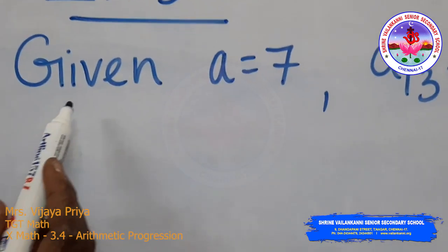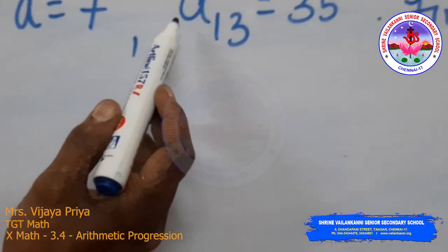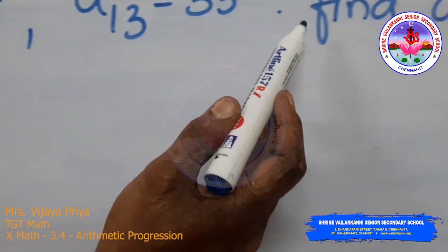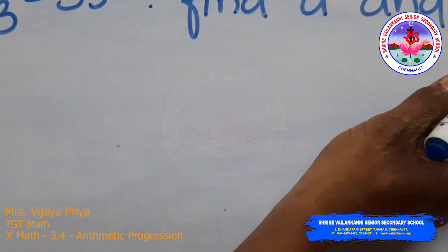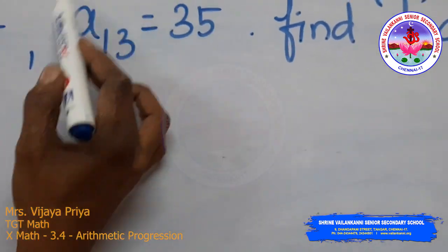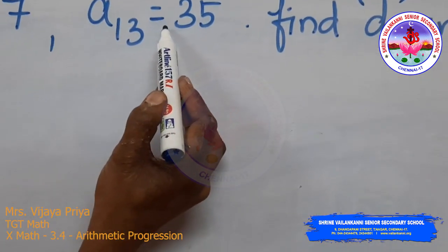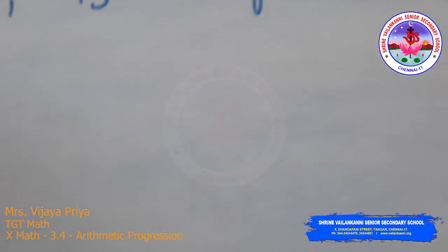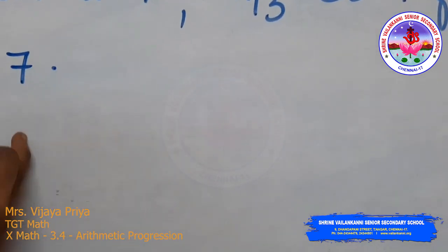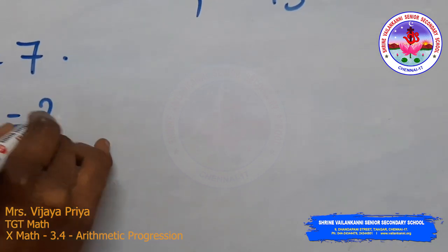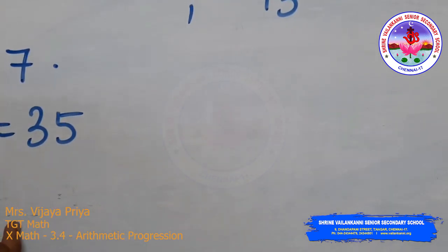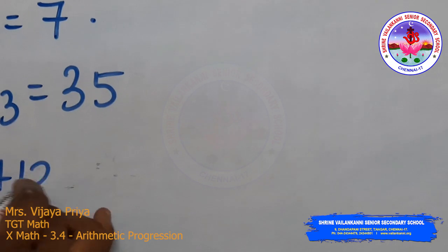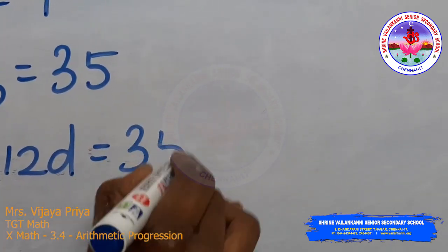Second subdivision. Given a is equal to 7, A13 is equal to 35. Find d and S13. So here through my A13, I will find my d and I have to substitute in S13. When I expand, I will get a plus 12d is equal to 35.